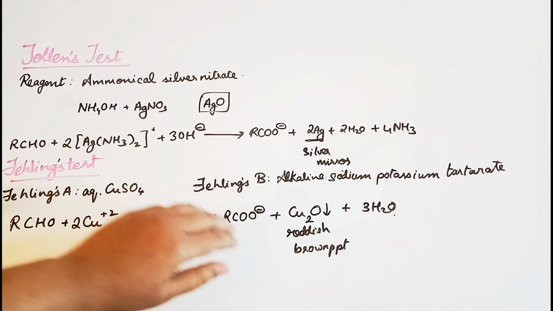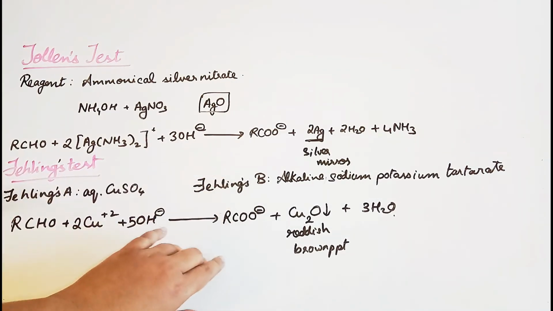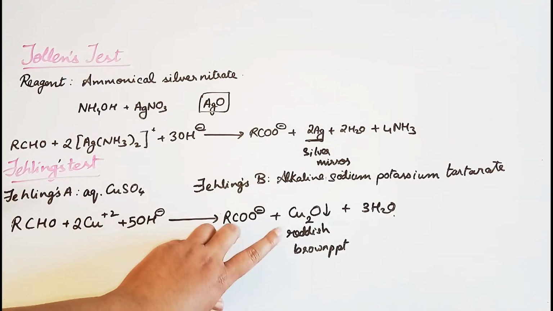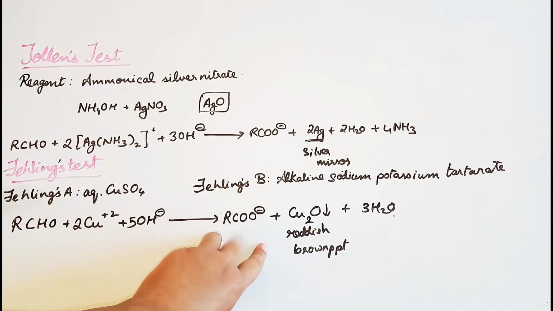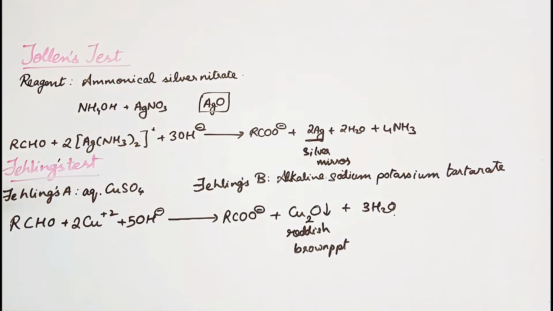Because it is undergoing oxidation, we have the formation of cuprous oxide, which gives a reddish brown precipitate. So aldehydes are heated with the Fehling solution and they form a reddish brown precipitate of cuprous oxide.